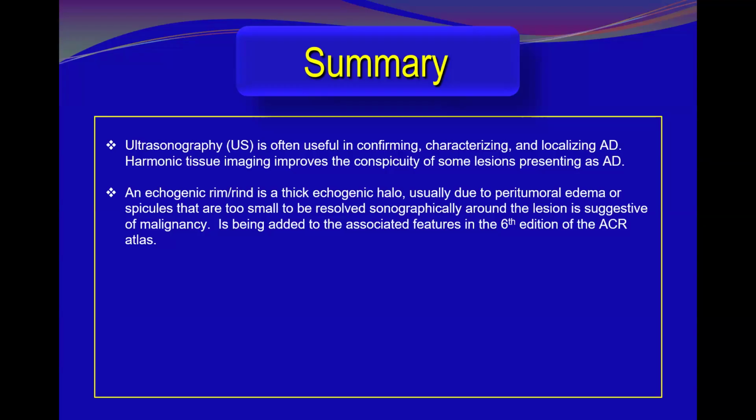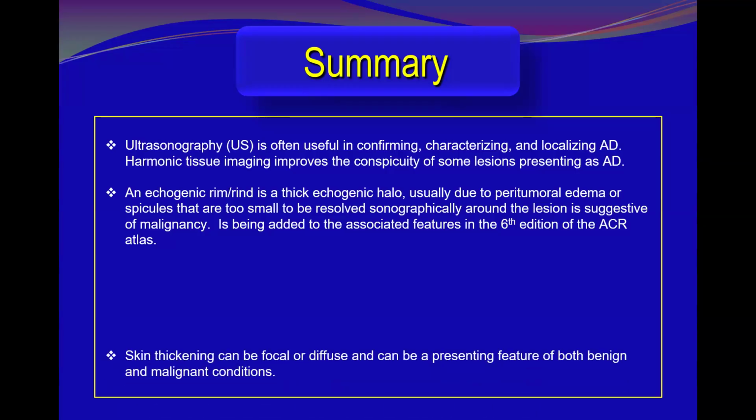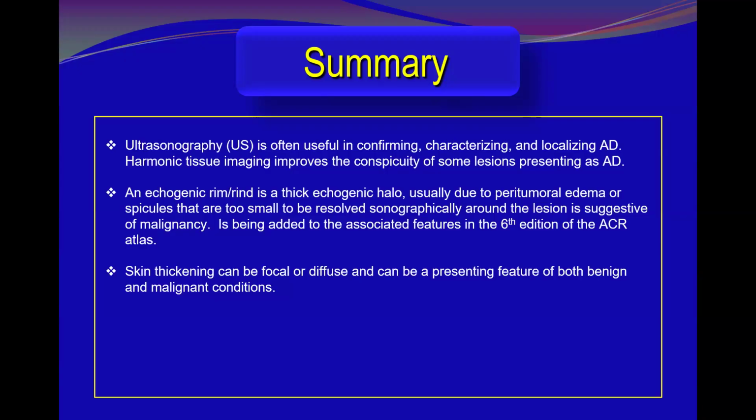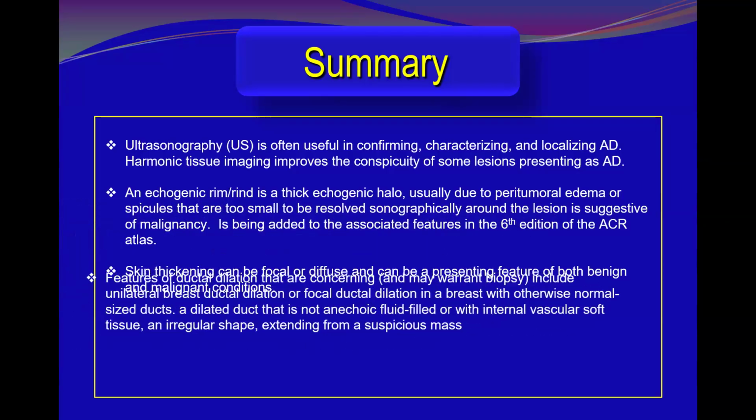It is being added to the associated features in the latest editions. Skin thickening can be focal or diffuse, and can be a presenting feature of both benign and malignant conditions.